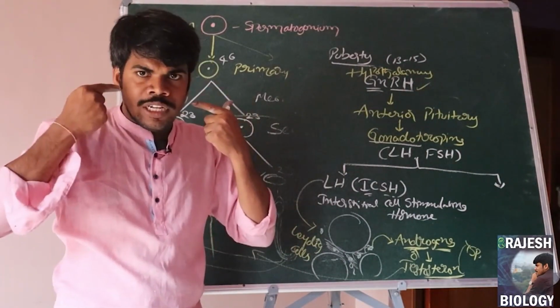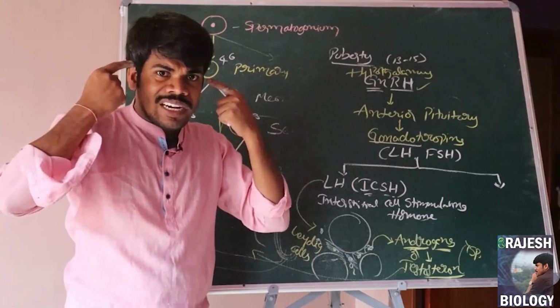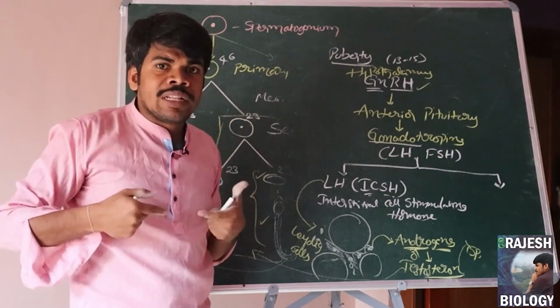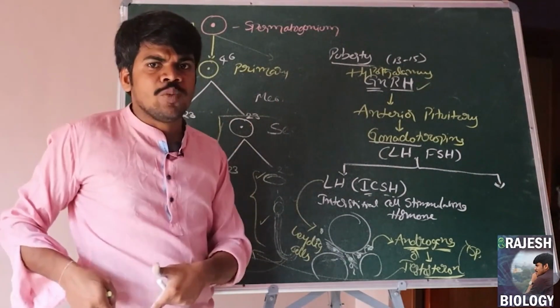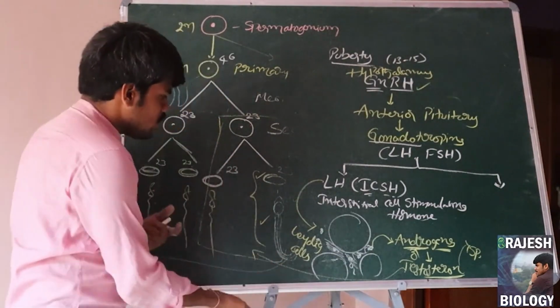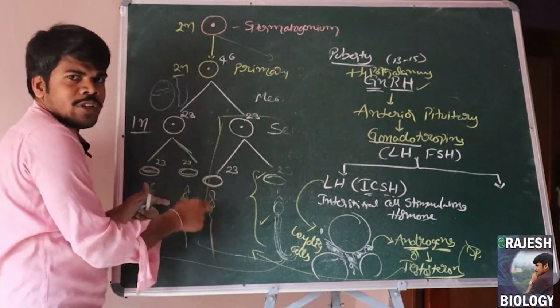It reaches the pituitary, and the pituitary releases gonadotropins, LH and FSH. LH stimulates the testes, the testes release testosterone, and testosterone stimulates all this process.